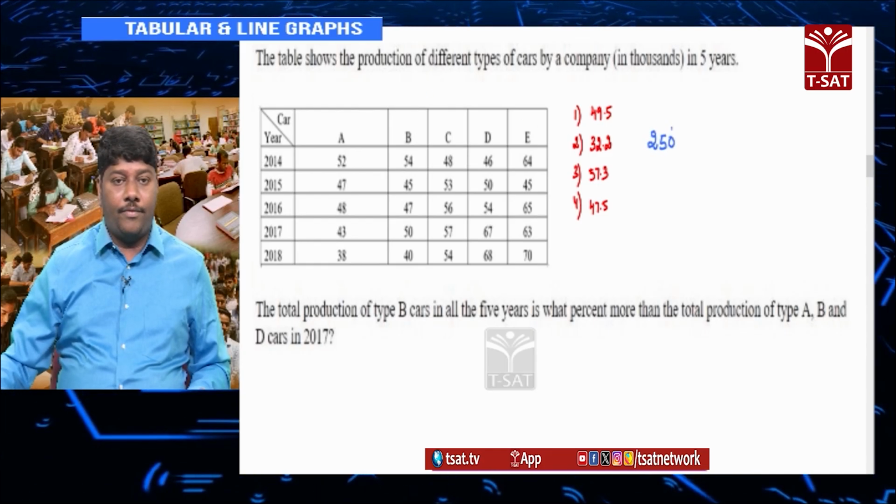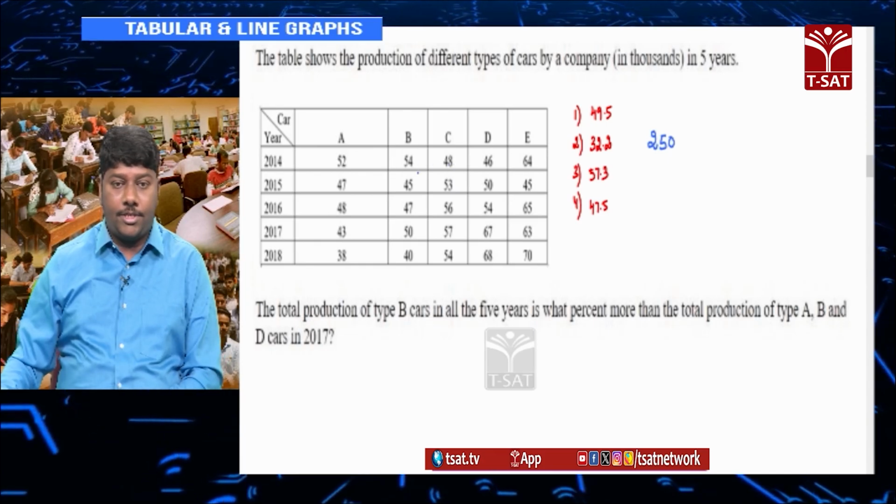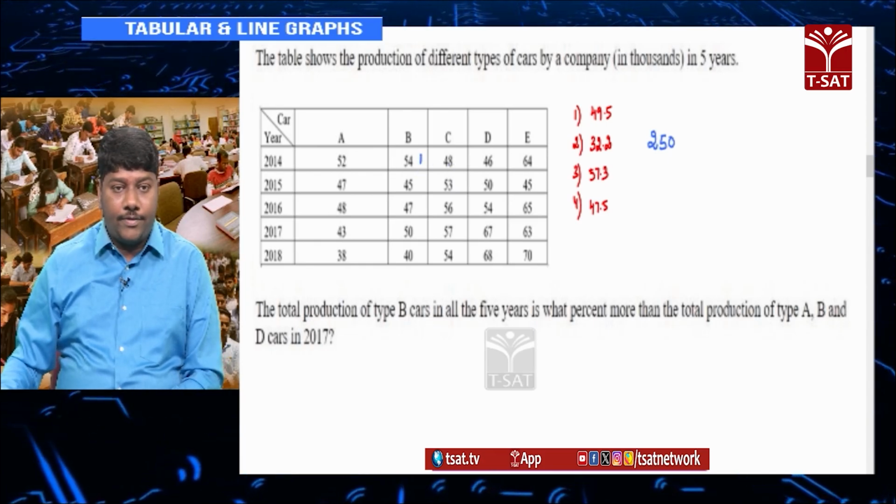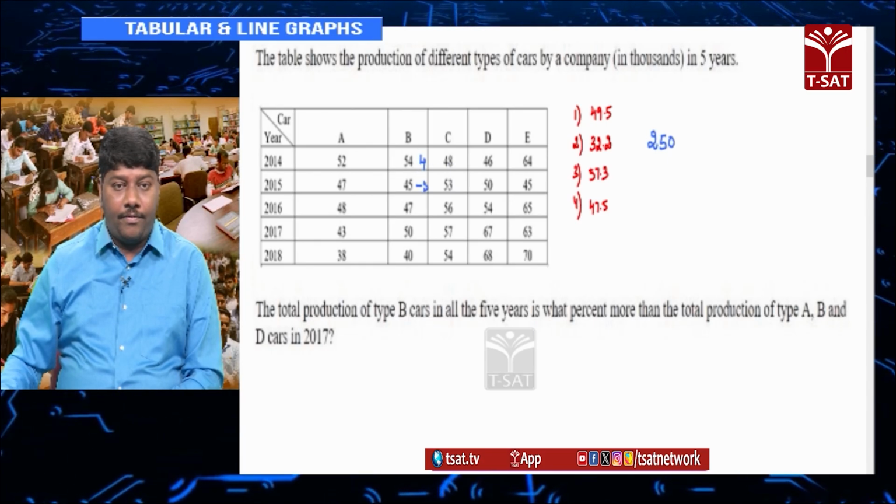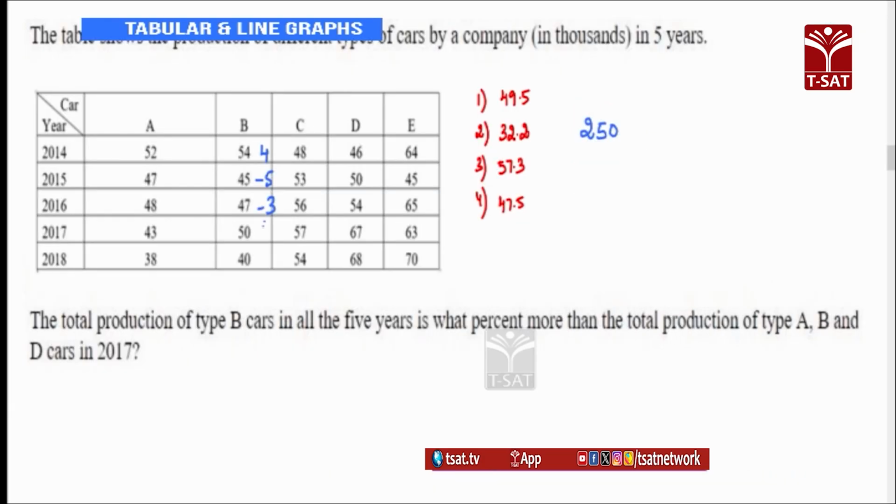Now look at the sum of deviations. I already mentioned the deviations there. Therefore, this is plus 4, minus 5, minus 3, that's 0. This one is minus 10. I would say minus 18 plus 4 is actually minus 14. Therefore, the entire data gives you 236.